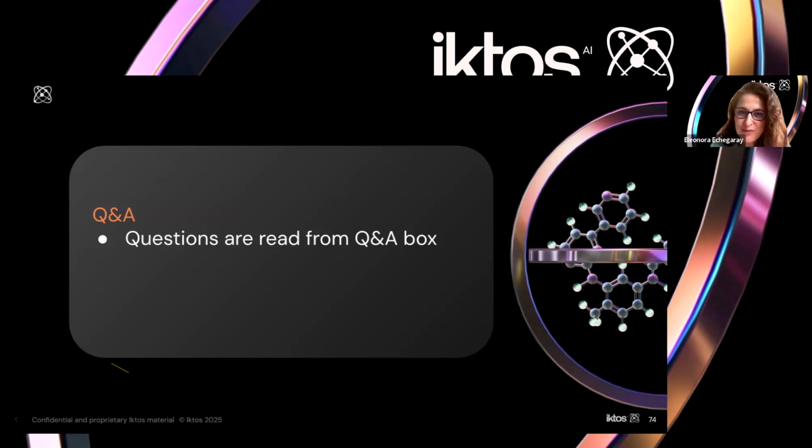The first question is for you, Stephanie. It says, Stephanie said about 1 million in-stock building blocks. How many suppliers did you gather those building blocks from, and are they all affordable? As of today, we have around 40 different suppliers. I cannot tell you that all of them are going to be affordable, but what I can tell you is that we have filters in our platform for you to indicate the price of the building blocks that you want to work with.